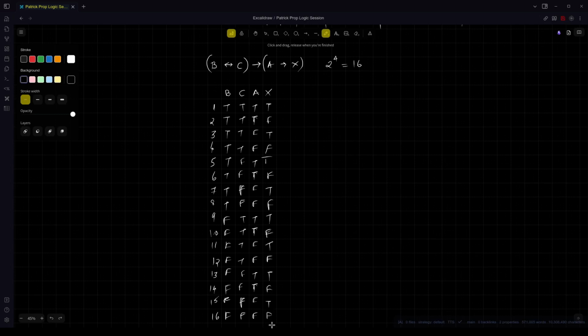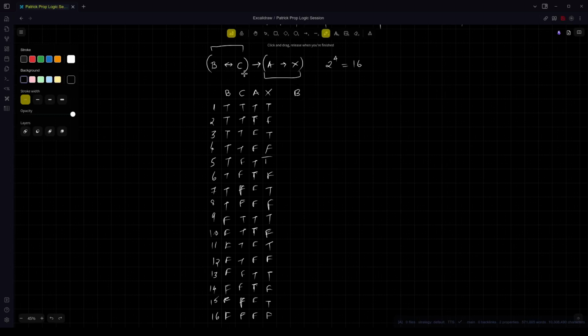Okay, we did the mammoth task. So now we can draw out the different columns for the first set of brackets, the biconditional BC, and then another column for AX, which is a conditional.